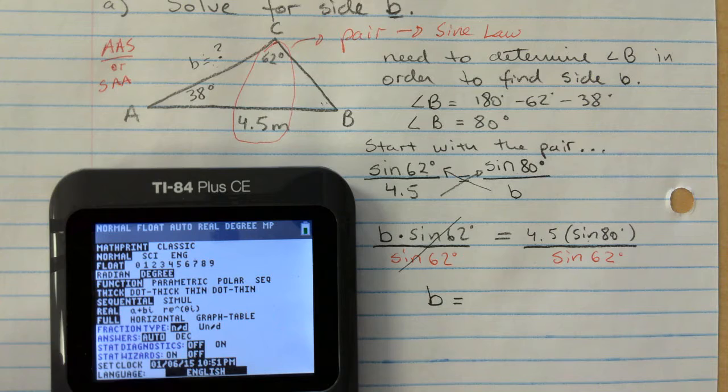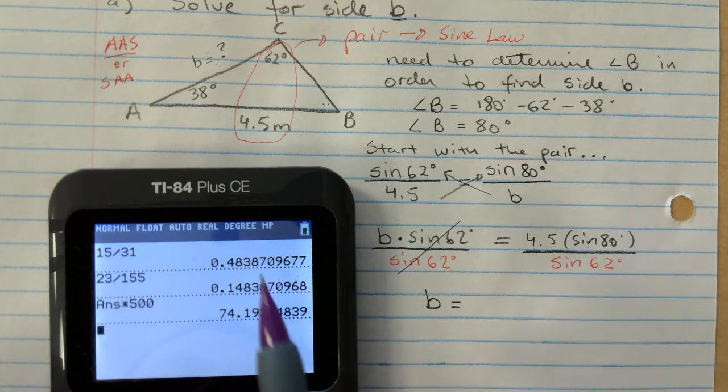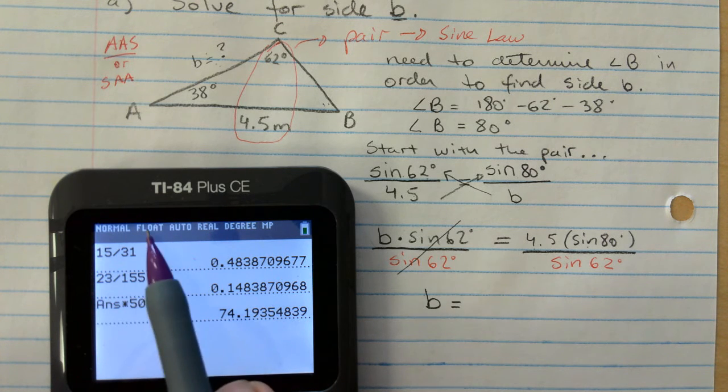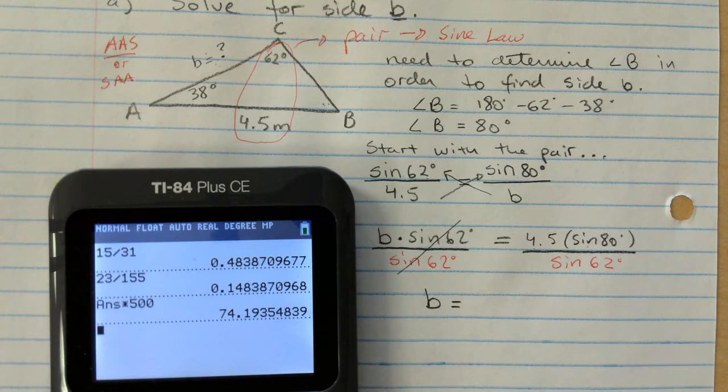Hit enter, highlight degree, and then it's there. And you should also have auto, real, degree, float, all these other things should also be the same for you to get the same answer as we are, okay?